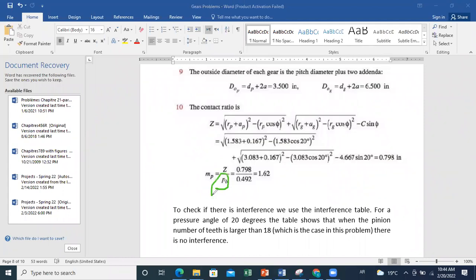So now we can just apply the formula to get the contact ratio. As you can see, the value is a little bit larger than the one that is recommended, but it's fine. It's recommended to have it between 1.4 and 1.5, but it's fine if we have a certain margin. You can play with a certain interval.